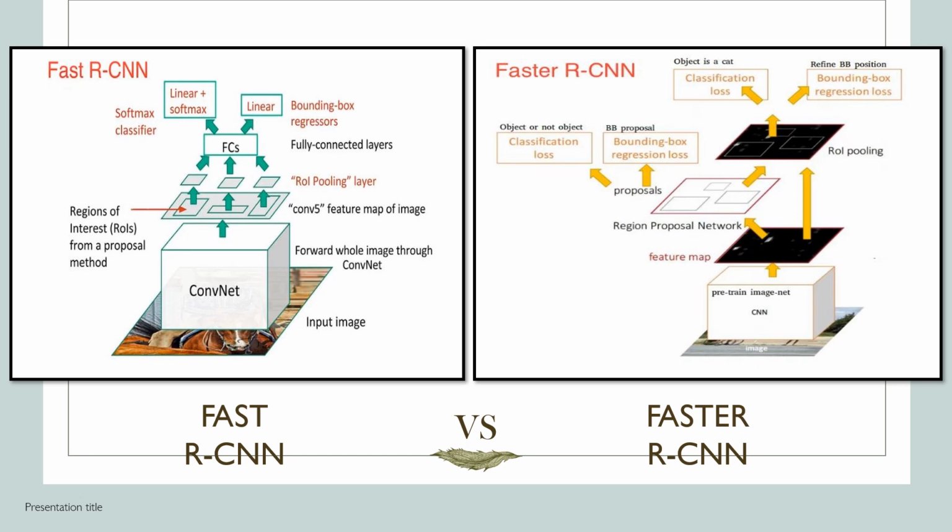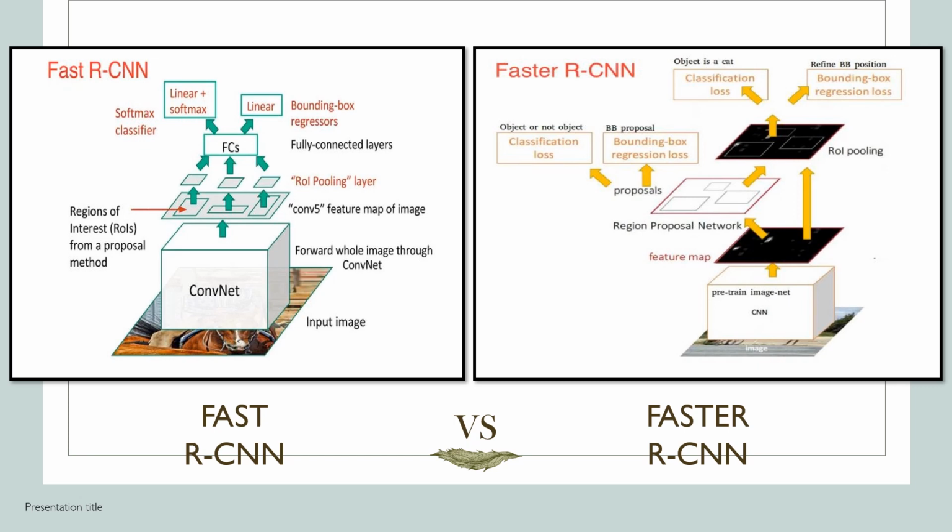And the last one is Faster R-CNN. So in Faster R-CNN, as you can see, the data set and picture will go to the CNN. It is the same as Fast R-CNN, but after the model is trained by the CNN, Fast R-CNN uses selective search, which means just using a proposed area, whichever area you want to use. But in Faster R-CNN, we use the RPN, region proposal network, from the pre-trained CNN model picture.